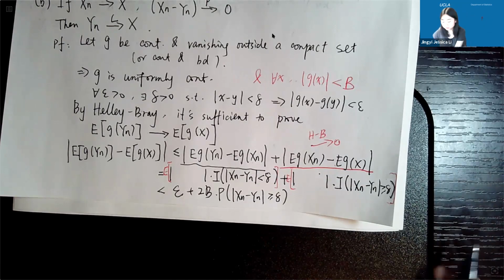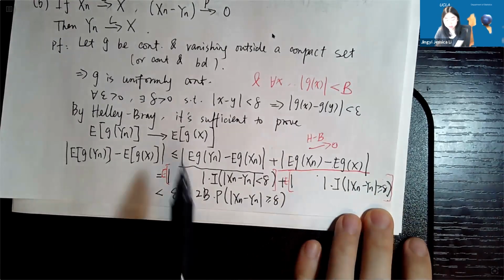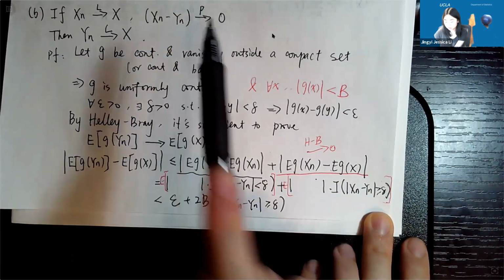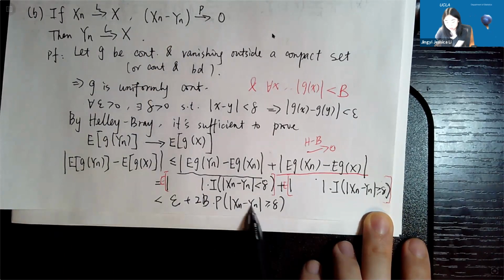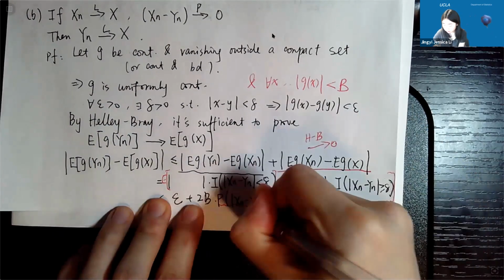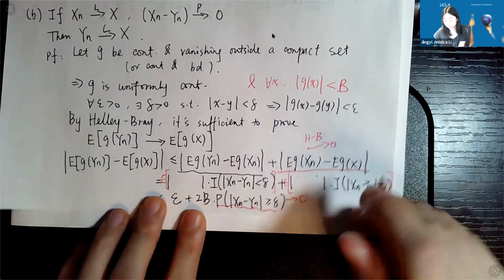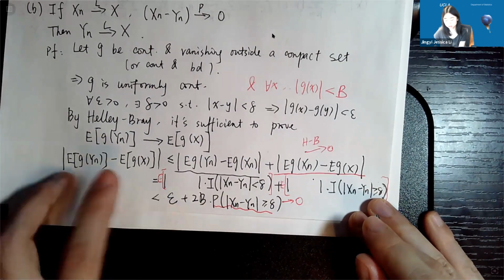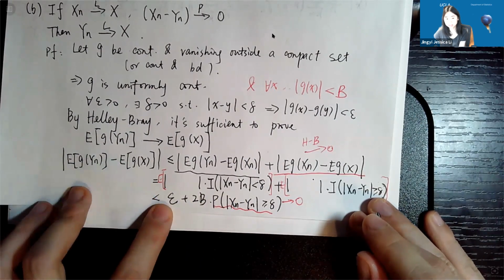And furthermore, I have one condition that I haven't used, convergence in probability to 0. That would immediately tell me the second term is convergent to 0. Then I only have epsilon left as my upper bound of this. Since the epsilon can be set to any small positive number, I'm done.